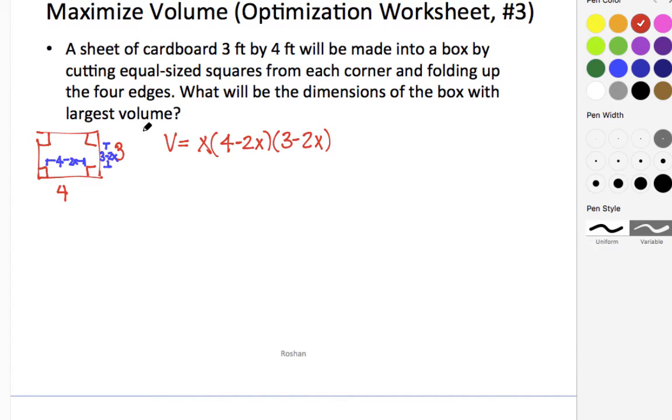Now, in order to find the dimensions with the largest volume, I'm going to want to maximize that volume equation and take its derivative. I personally like to simplify this completely out before taking a derivative. Otherwise, I need a double product rule, which I don't want to do. So I am going to FOIL first. And then I'm going to distribute that x out.